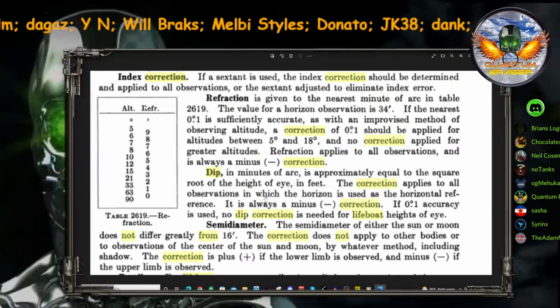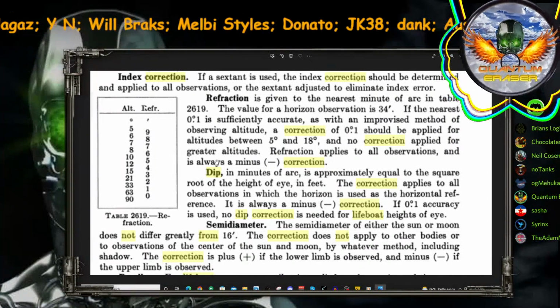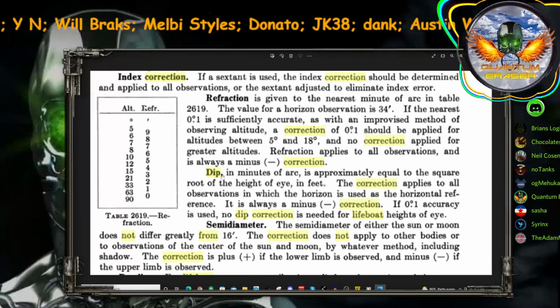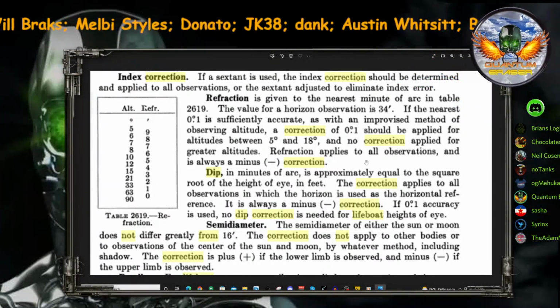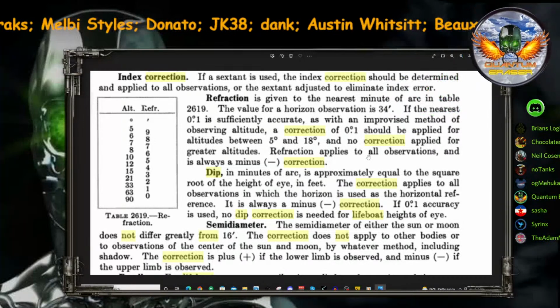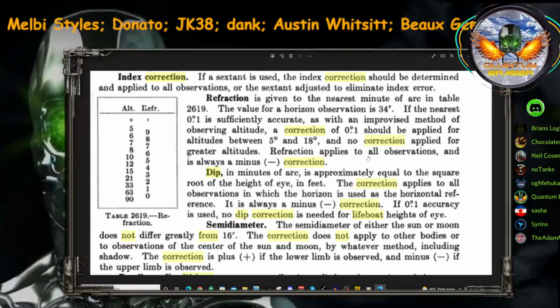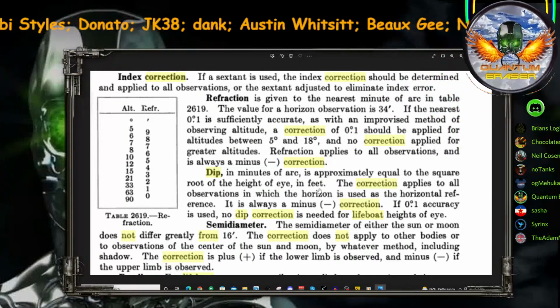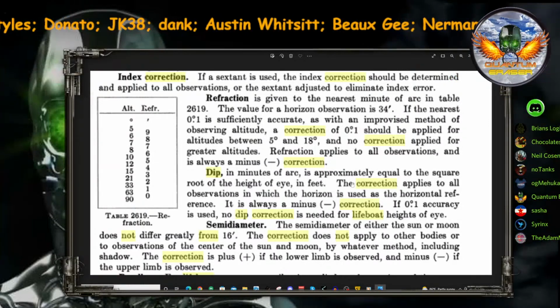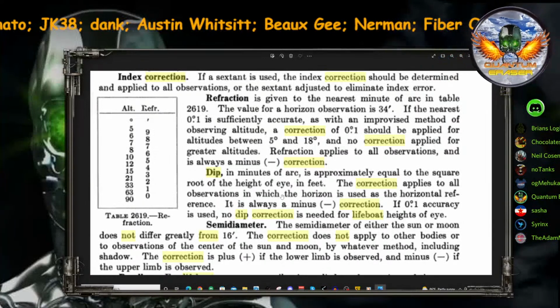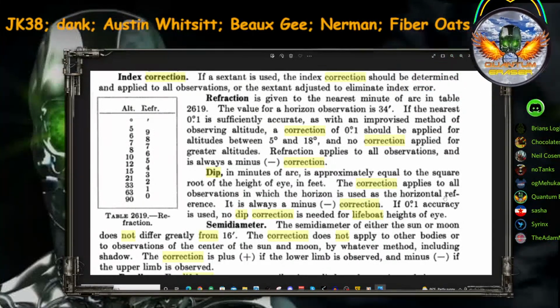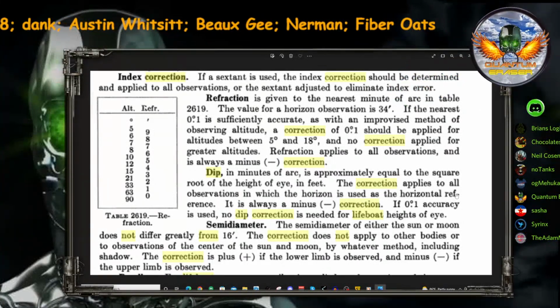This came from 10th. I want to direct everyone's attention down here to dip. Listen closely. Dip in minutes of arc is approximately equal to the square root of the height of the eye in feet. Wonder where we heard that before. The correction applies to all observations in which the horizon is used as the horizontal reference.